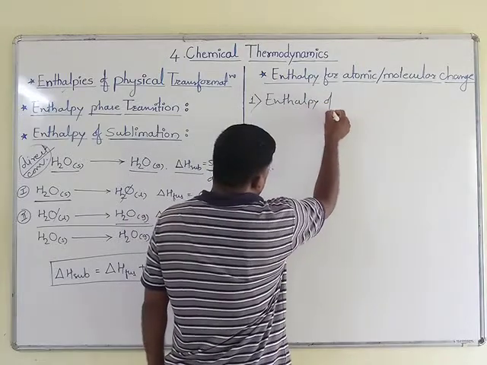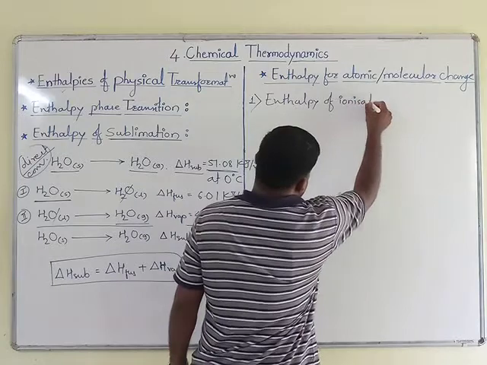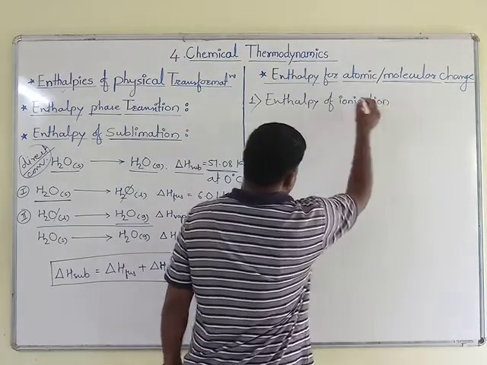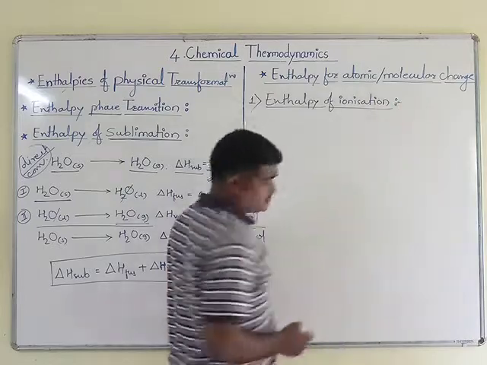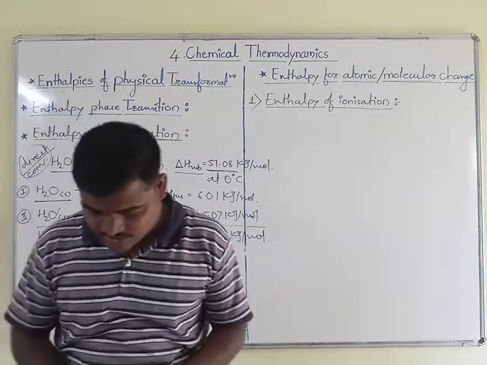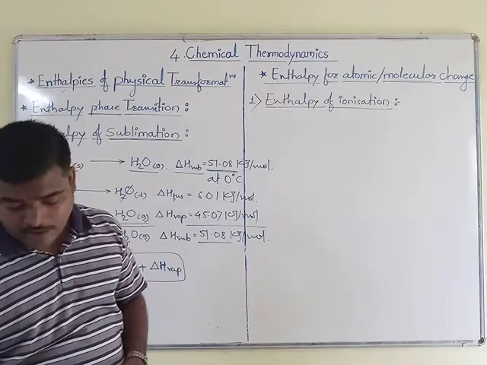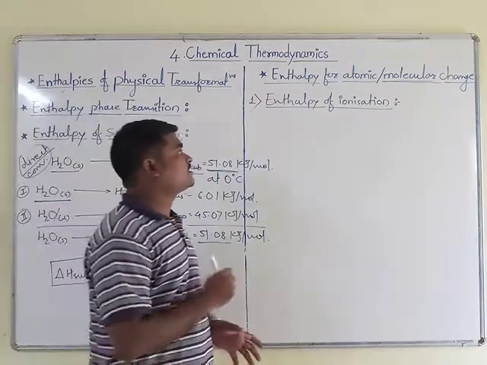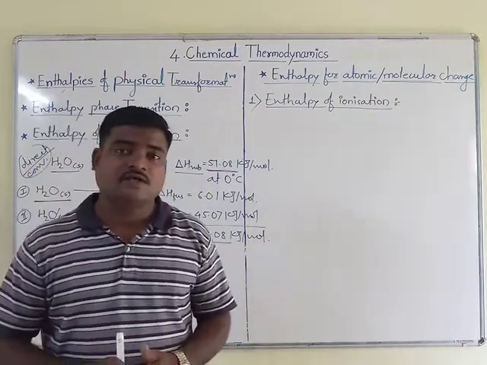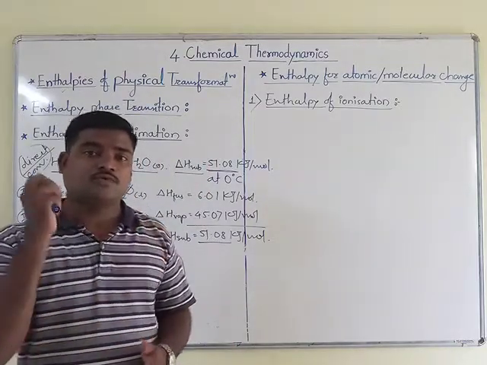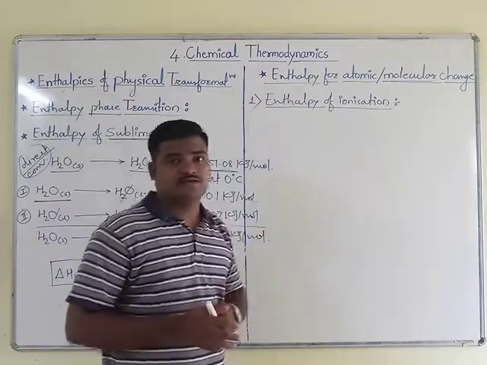Enthalpy of ionization. All of you know about ionization. What is meant by ionization? We will see first. When we consider an element, it is full of electrons, and when we try to remove one electron from it, that element gets ionized.